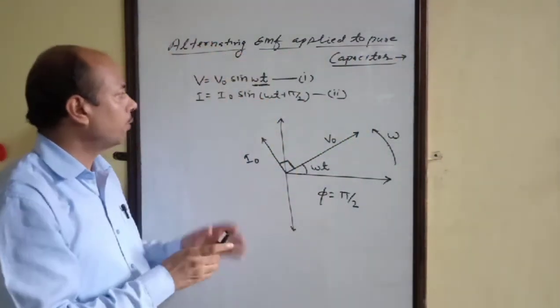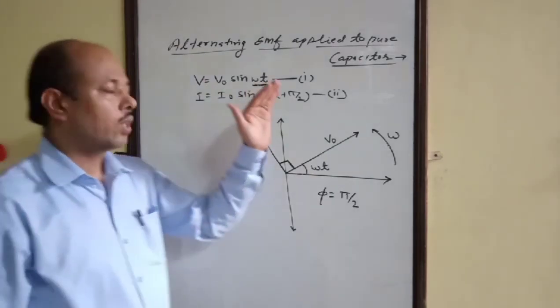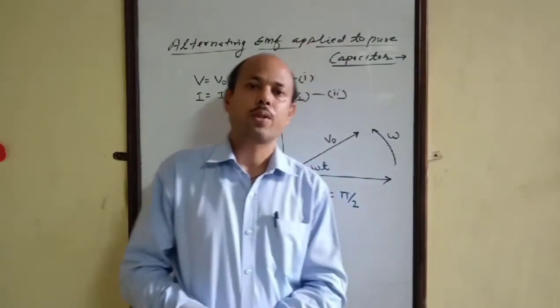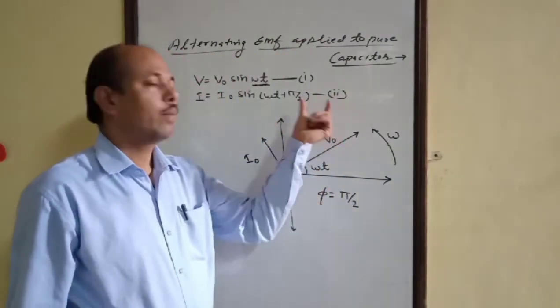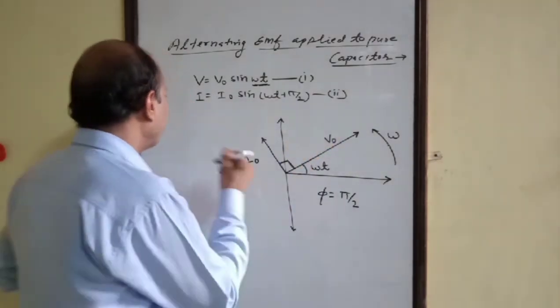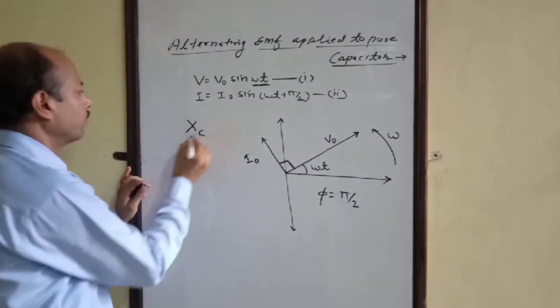As a summary, we have discussed that in the case of a capacitor, the effective opposition offered by the capacitor will be denoted by a new quantity, that is Xc. Clear? That is Xc.